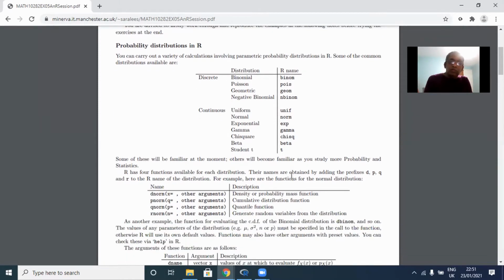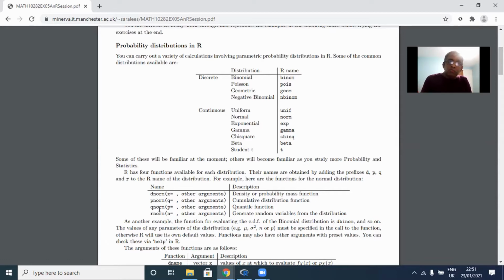For example, if you want to compute the density of the normal distribution, which is the PDF of the normal, you use the command dnorm and then specify the values of x at which you want to compute the density. If you want to compute the probability, or in other words, the CDF of the normal distribution, you use the command pnorm and specify the values at which you want to compute the CDF.